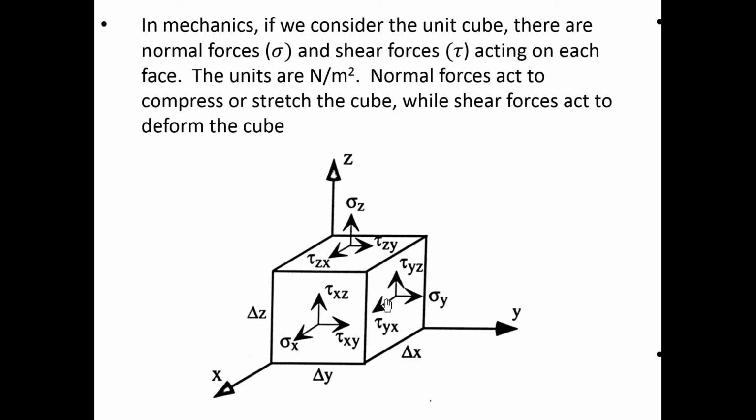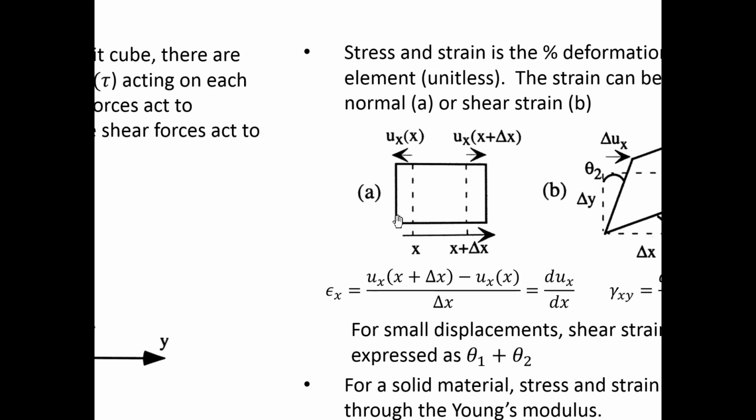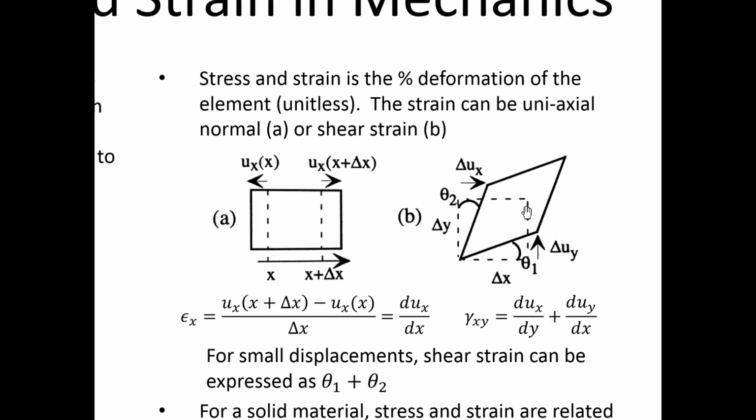If you imagine taking this cube and shearing it, meaning pressing on it and running your hands tangential to the surface, then you're going to cause it to deform in a different way. A square shape would become sort of like a rhombus shape like this. So it's a different way of deforming the element.